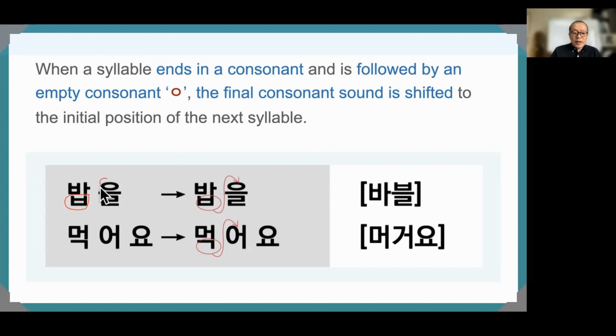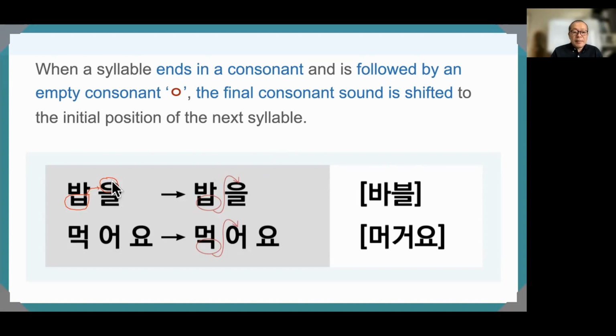In that case, the final consonant sound is shifted to the initial position of the next syllable.